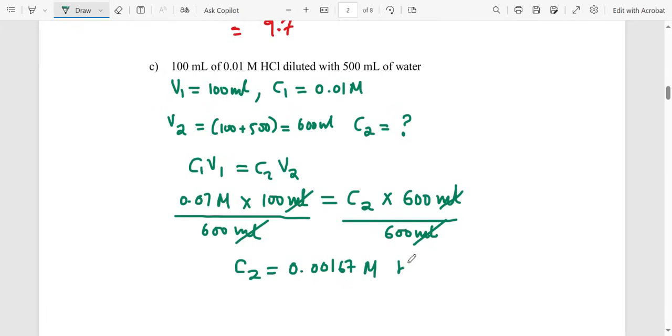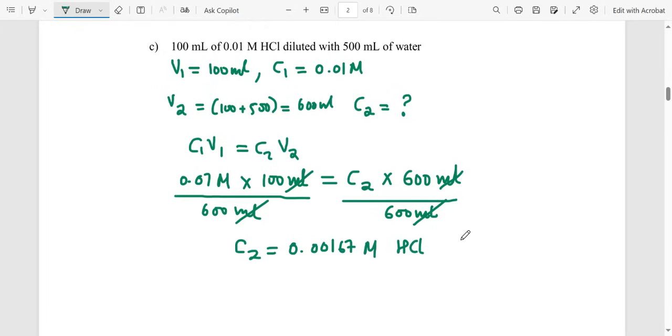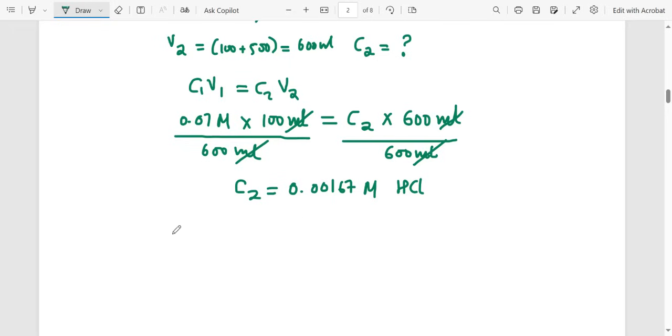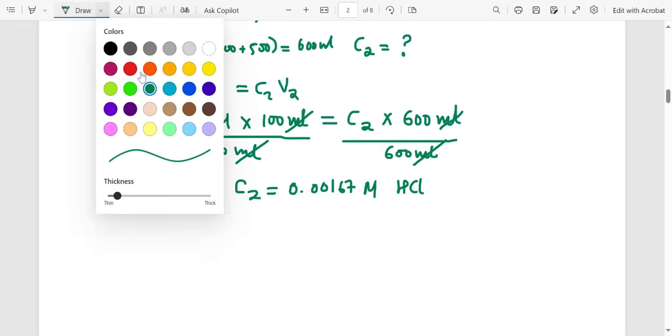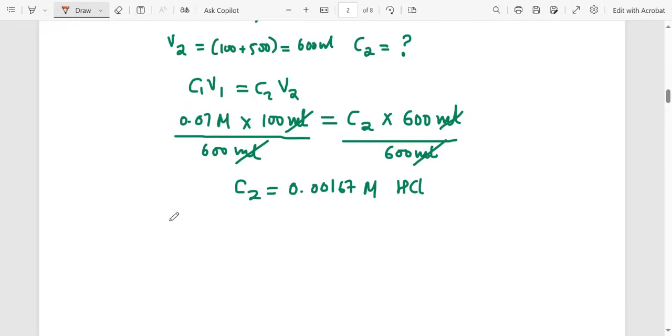Hydrochloric acid. Now, one thing that you need to know is that because hydrochloric acid is a strong acid, HCl, when it dissociates, the concentration of hydrogen is equal to the concentration of hydrochloric acid.